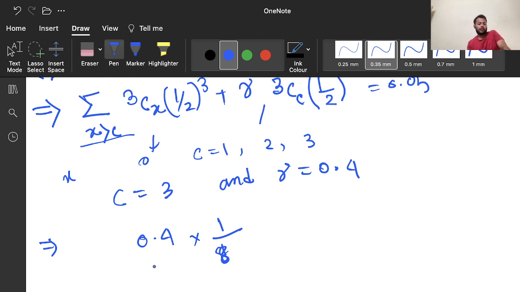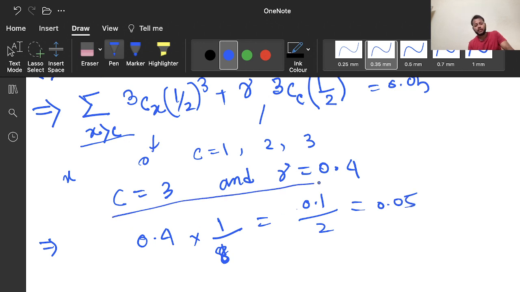And this means 0.4 times 1 by 8, that is 0.1 by 2, so that is 0.05. So you see at c equal to 3, gamma equal to 0.4, this equation is satisfied.